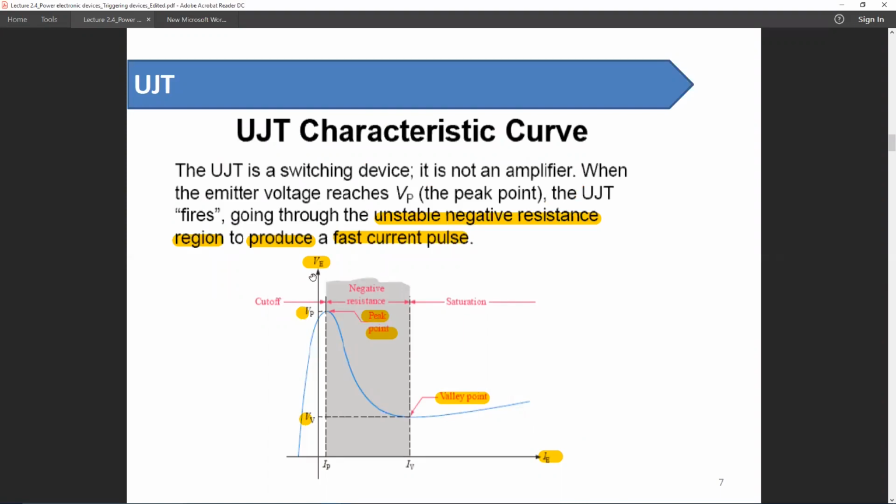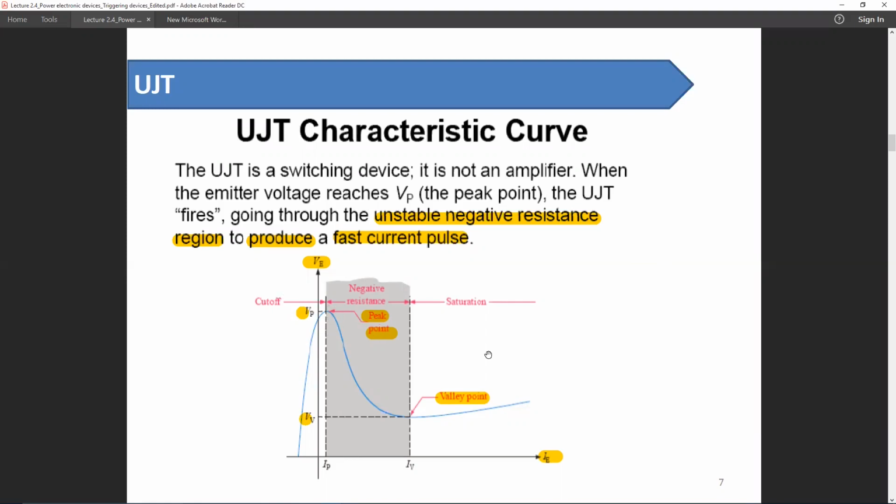So to simplify the theory, when the value of this emitter voltage exceeds Vp, the device will turn on, and when the value reaches below Vv, the device turns off. In case of a normal diode, this turn on and turn off voltage is the same.